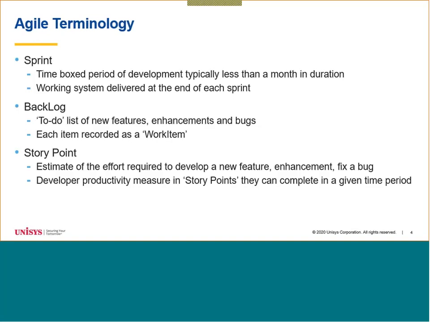So using this, you can say, okay, this particular feature is going to take 100 story points. That's a big feature to fix, so we can only do that one feature. We know we have a given number of story points in each sprint, so we can pick items out of the backlog until we know we've got enough work.